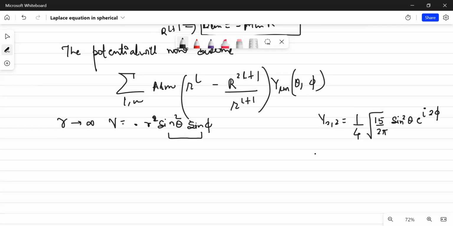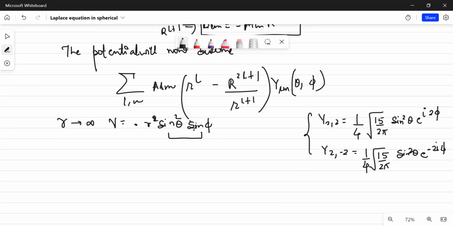And if I write Y2 minus 2 also, now this is minus 1 to the power 2, so this will remain the same. Sine square theta would remain the same. Here I will have e to the power minus iota 2 phi. Okay, so this is how it is.